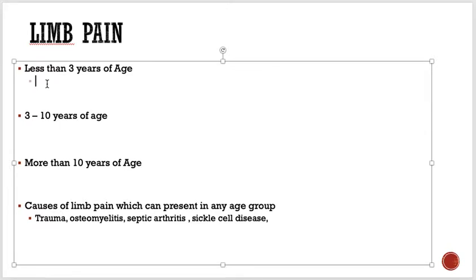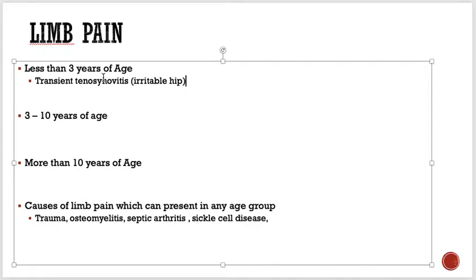Now, whenever there is limb pain in less than 3 years of age, other than these common causes which are present in all the age groups, there is a condition called transient tenosynovitis. Wait, there is some spelling mistake over here. Transient tenosynovitis. It is also called irritable hip. This is one of the causes.